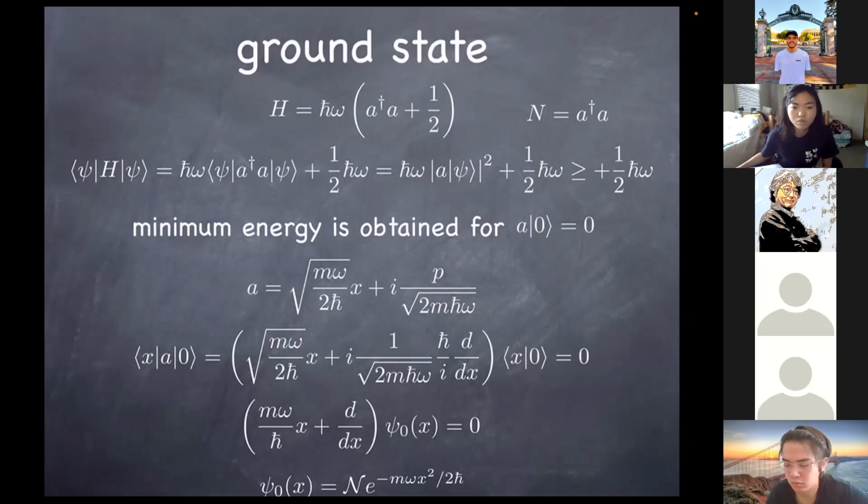This is actually specific to the harmonic oscillator. If you go to other systems like a hydrogen atom, you don't have the analogous expression for the annihilation operator. So this is actually a magic that works only for the harmonic oscillator. The definition of the harmonic oscillator is something where the Hamiltonian is the sum of the squares of both x and p. When you change the parameters like m and omega, the definition of the annihilation operator also changes.